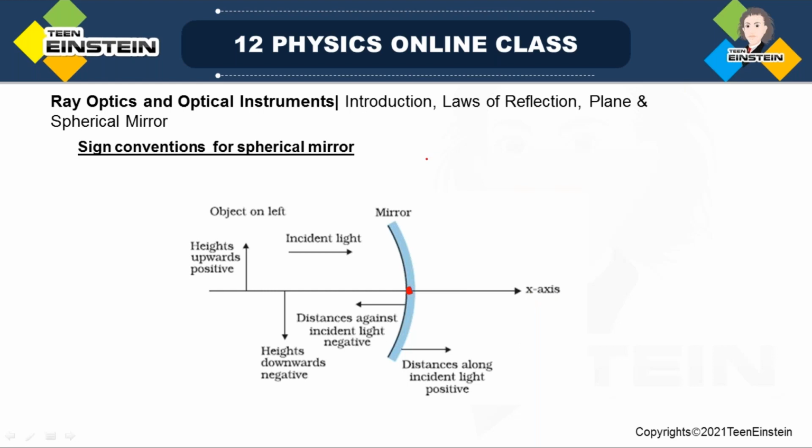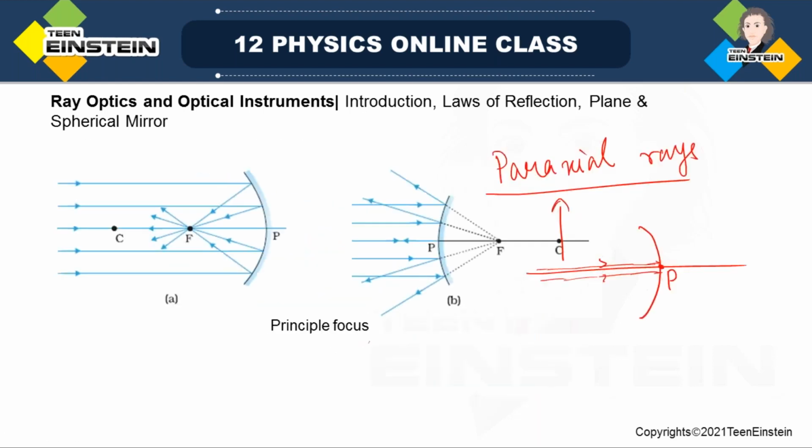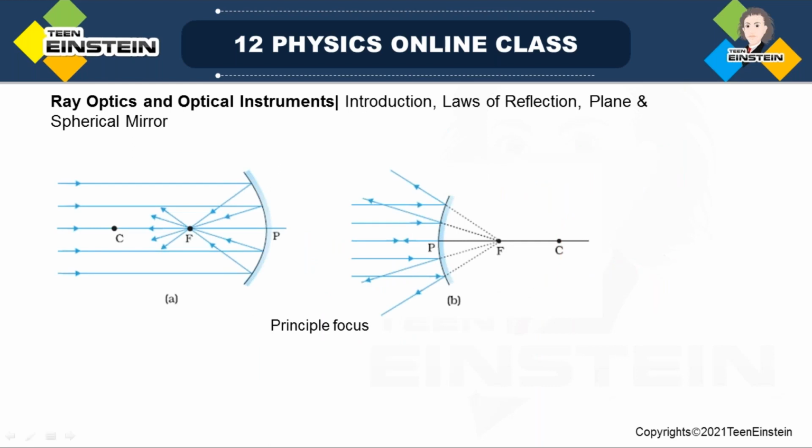And we were showing you the focus. In case of a concave mirror, what is the focal length, whether it is positive or negative? So f, PF, will be negative f in case of a concave mirror. What about a convex mirror?